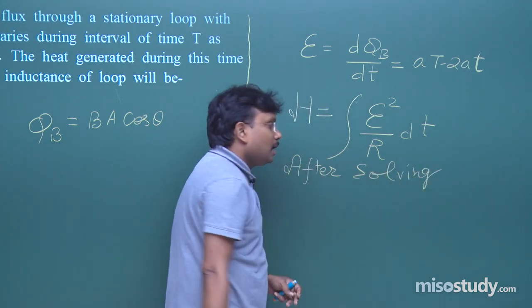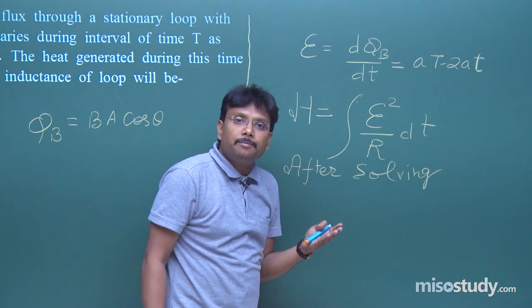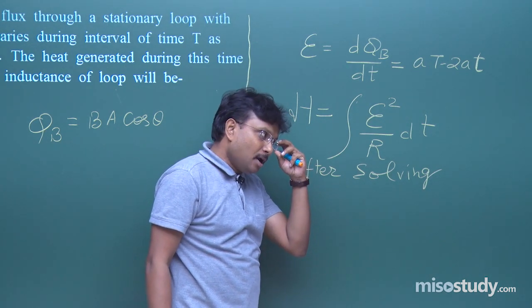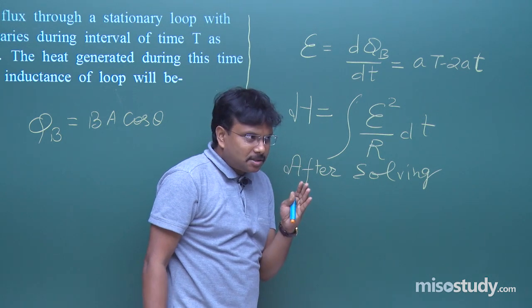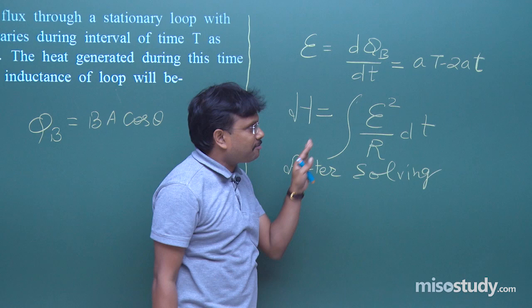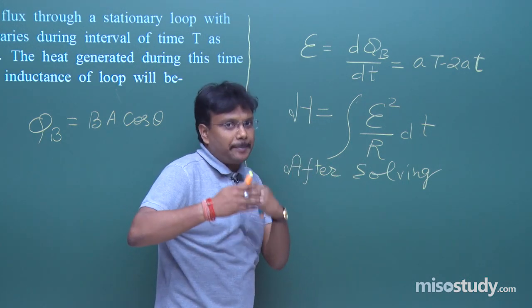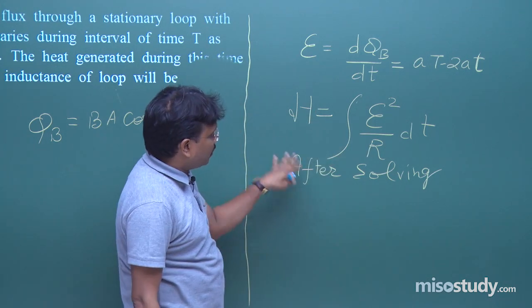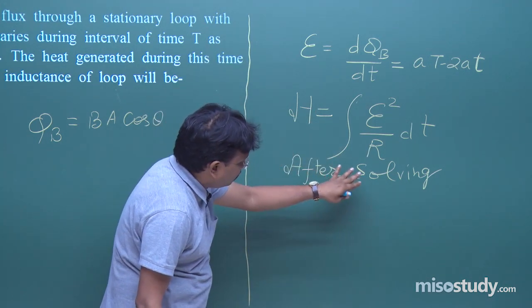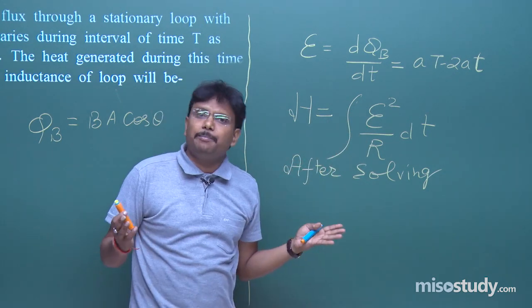Now, even if you pick previous years' question papers of the NEET medical entrance exam, you will find at least around 20 to 25% of questions have some sort of calculations, not very difficult, but yes, some steps are there. That is why I am putting these questions. After solving, obviously integrating and solving is not a big task.